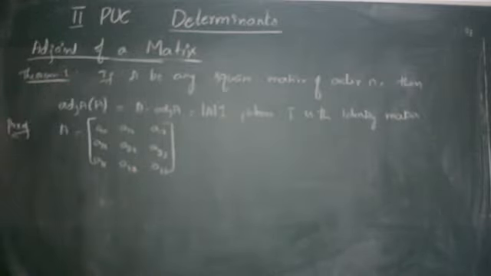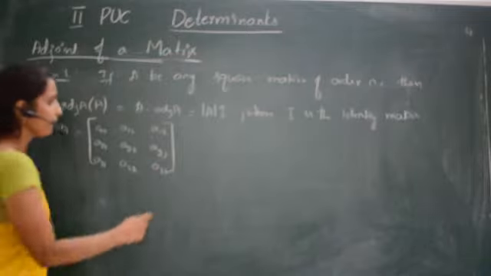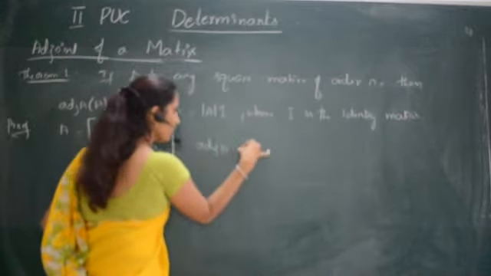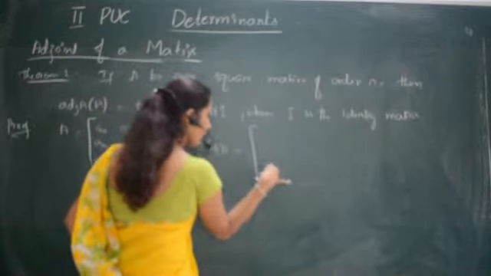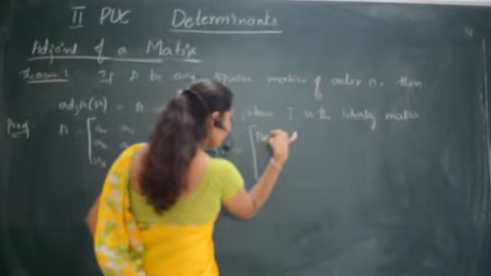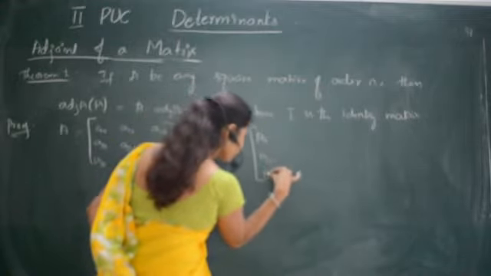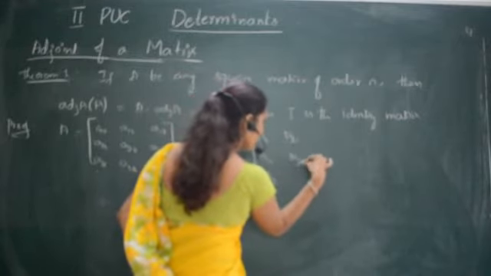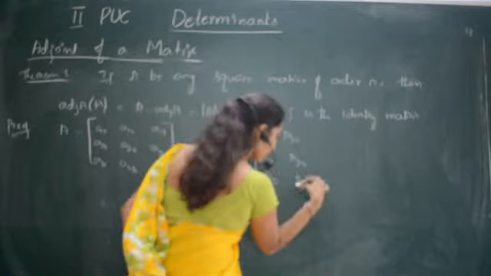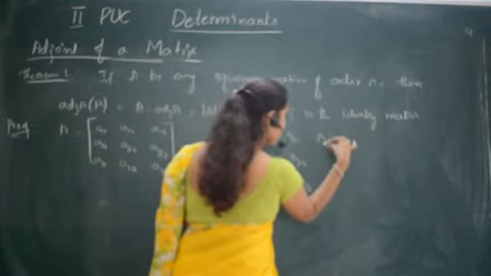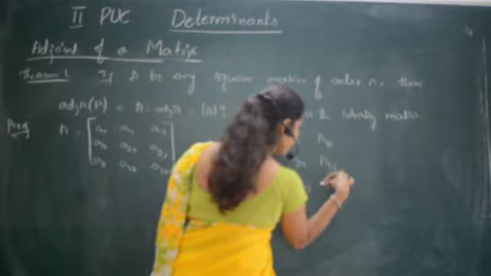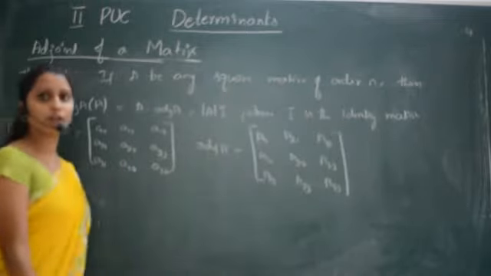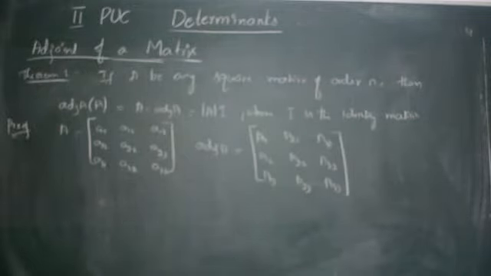The adjoint of A, we know, is the transpose of the cofactor matrix, so it will be the matrix with the corresponding cofactors. So this is the adjoint of the given matrix.